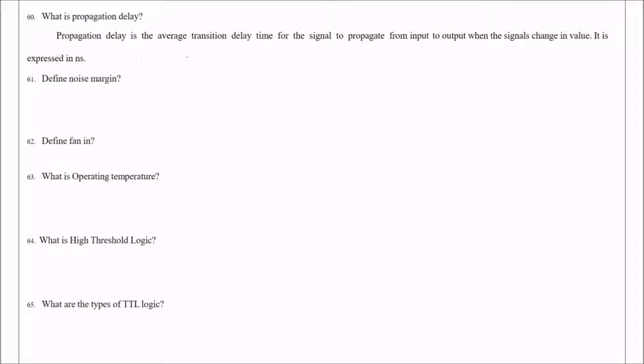Propagation delay is the average transition delay time for the signal to propagate from input to output when the signal changes its value. This is expressed in nanoseconds. So this is the average transition delay for any signal to propagate from input to output when the signal changes its value.